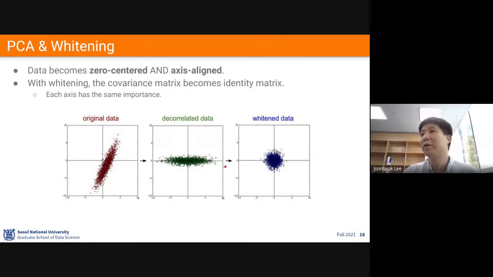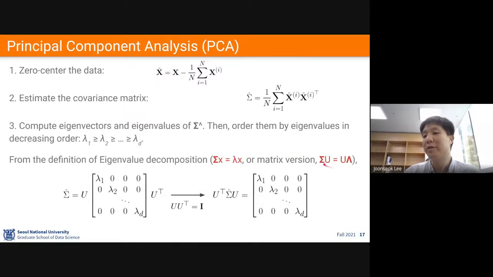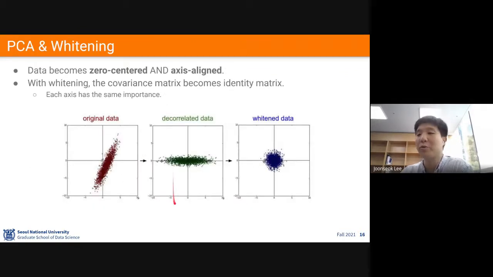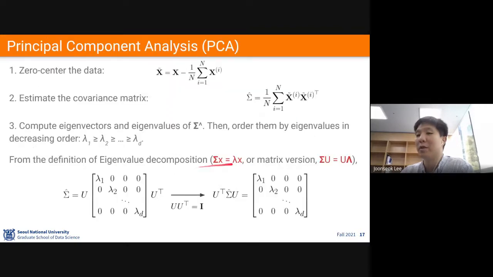That is determined by this matrix called U. And this U has to be orthogonal, which means each of these axes needs to be orthogonal to each other. So each of the columns of the U matrix is orthogonal to each other. So if you multiply U transpose and U, then it becomes the identity.